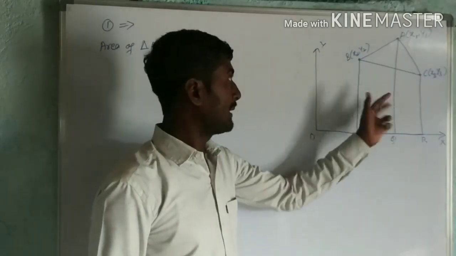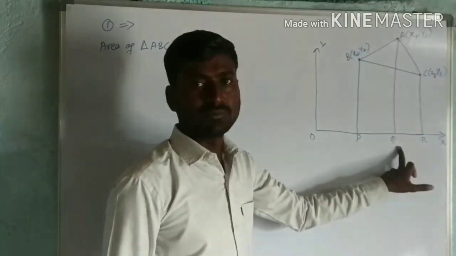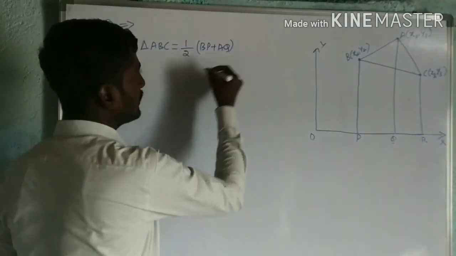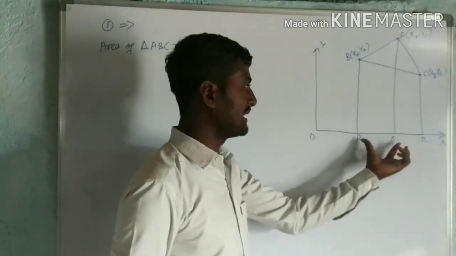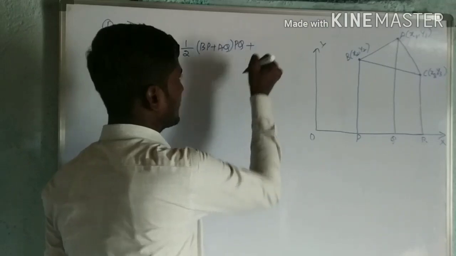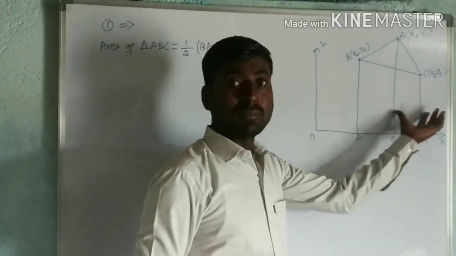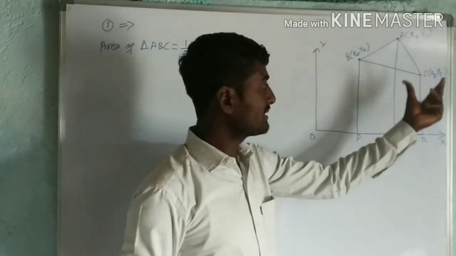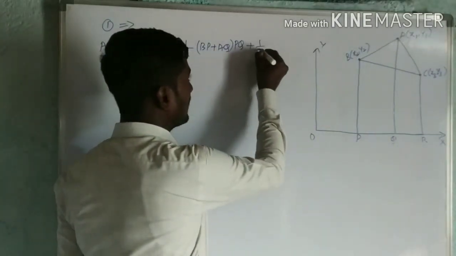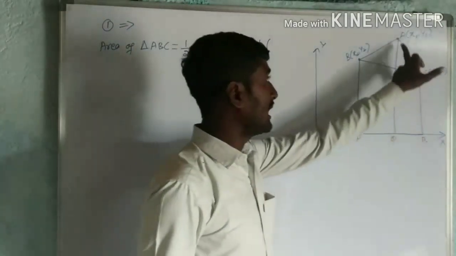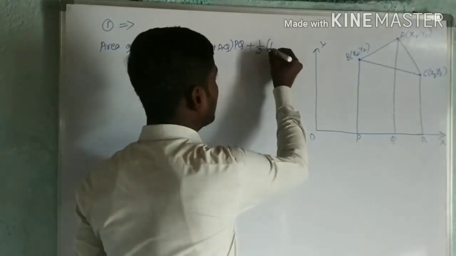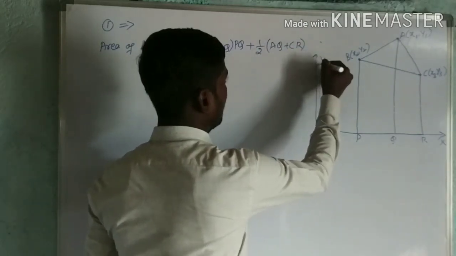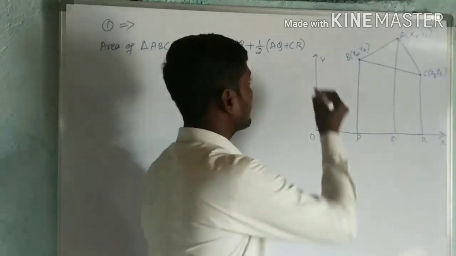In this trapezium, the parallel sides are BP and AQ, so 1 by 2 into (BP plus AQ) into PQ. Plus area of trapezium AQRC, which is 1 by 2 into (AQ plus CR) into QR.